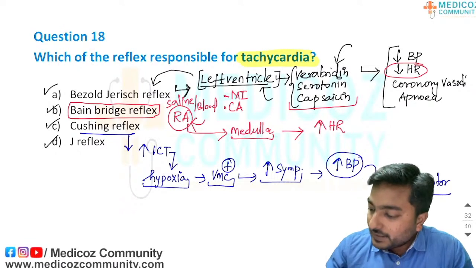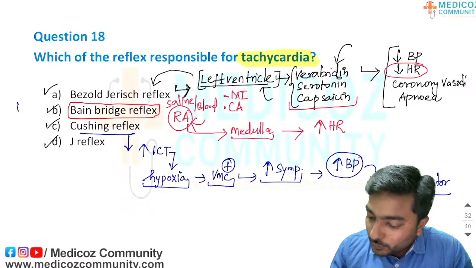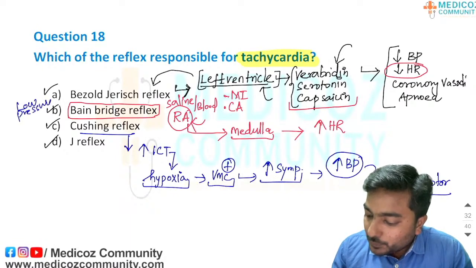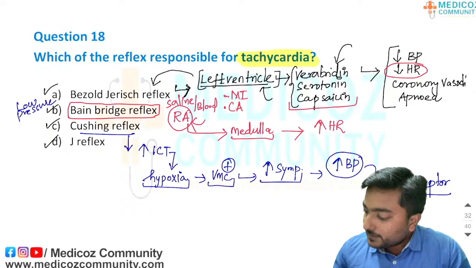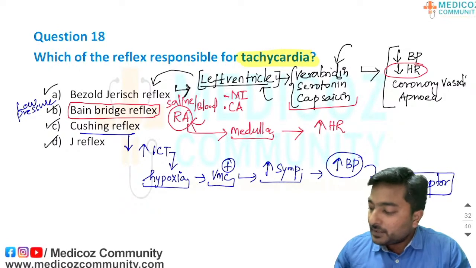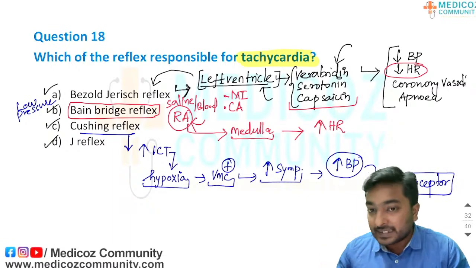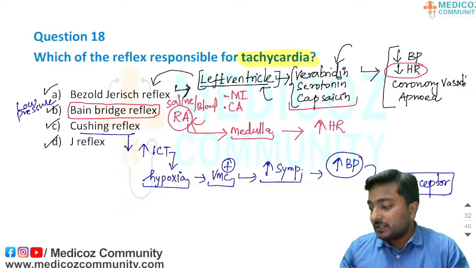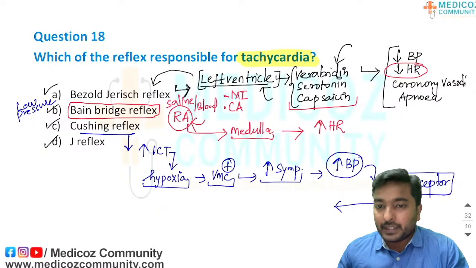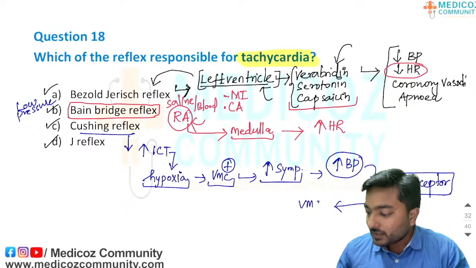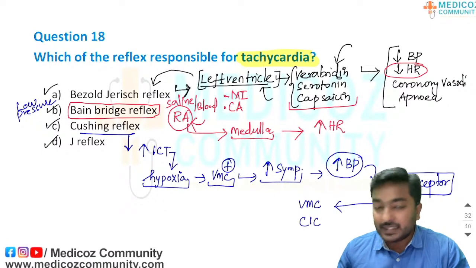In the Bainbridge reflex, we have low pressure receptors, but in the Cushing reflex, high pressure baroreceptors are involved, and once these get stimulated, the information will be carried by the 9th and 10th nerves to the vasomotor centers and cardioinhibitory centers.